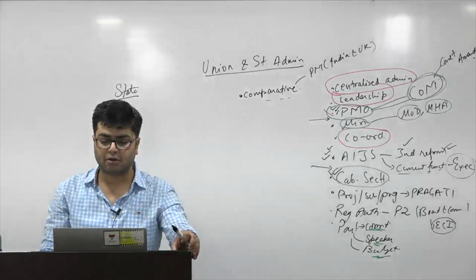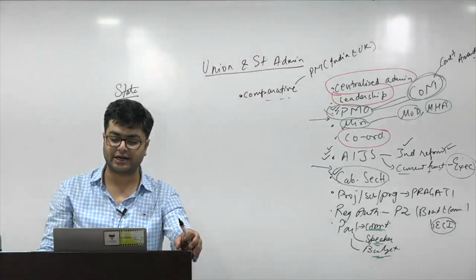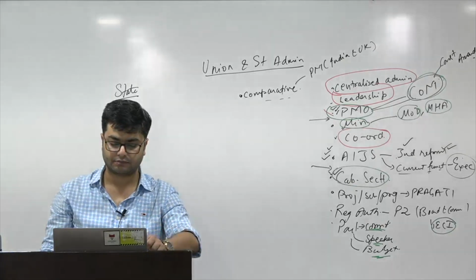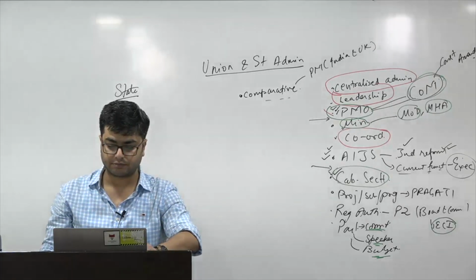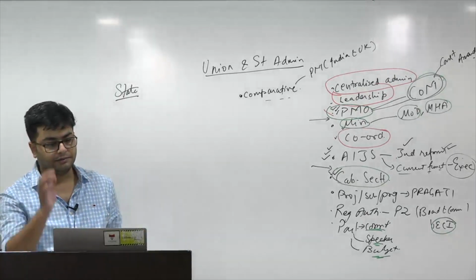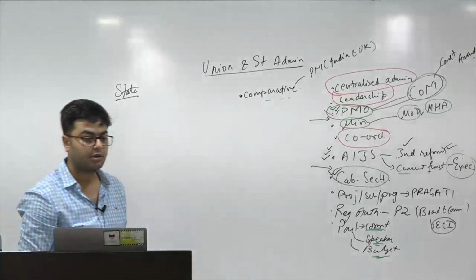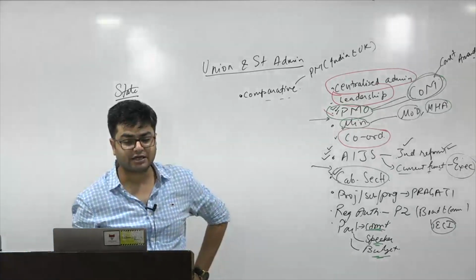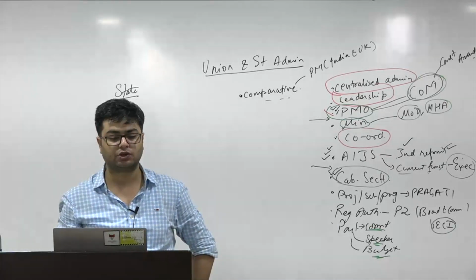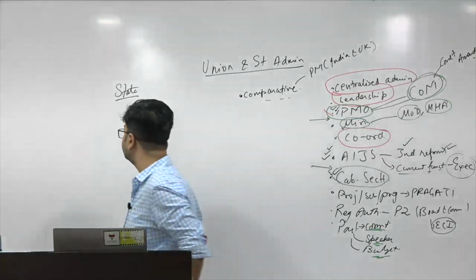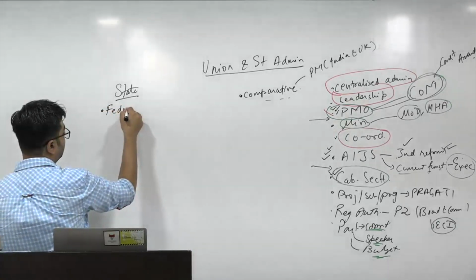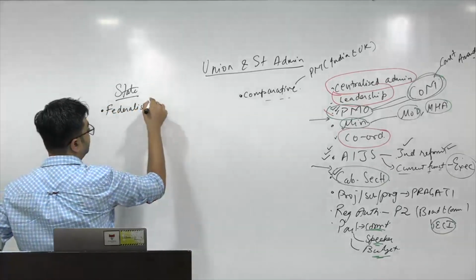Okay. Now, with regards to the state administration, examine the efficacy of the measures taken to redefine and execute cooperative federalism. So you have issues of federalism.